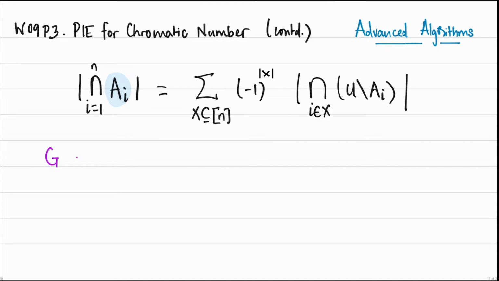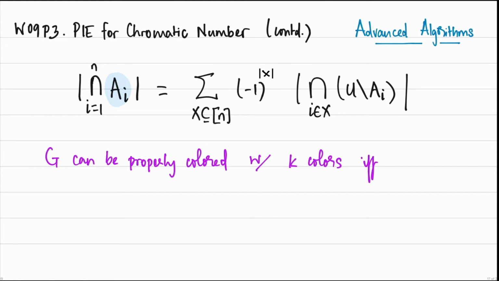So I want to say that G can be properly colored with K colors if and only if there are K independent sets whose union is the entire vertex set.